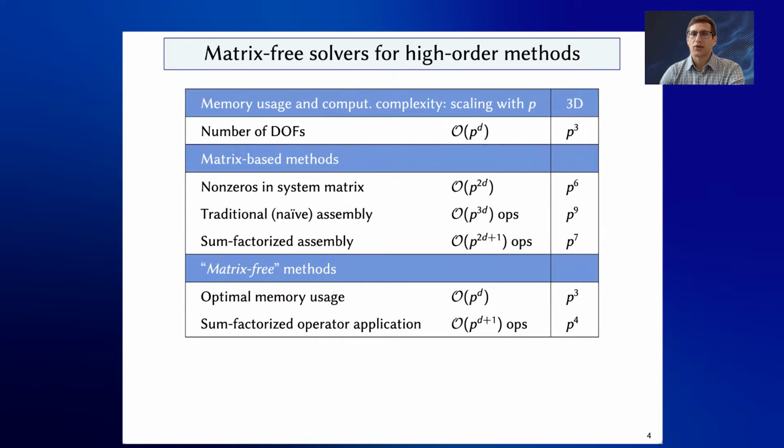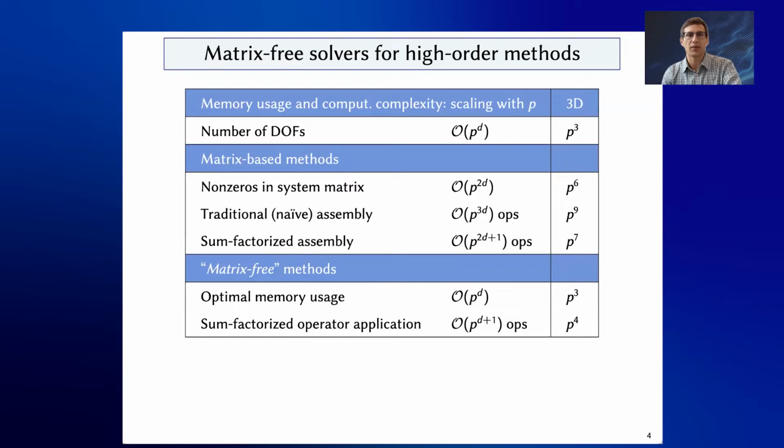And it's even worse when you look at the number of operations required to assemble these matrices. In the best cases, P to the 7, but oftentimes in a lot of practical situations, it's going to be P to the 9 operations to assemble this matrix. So this is prohibitive. Before you even start hitting the higher values of P, even for moderate polynomial degree, this is prohibitively expensive.